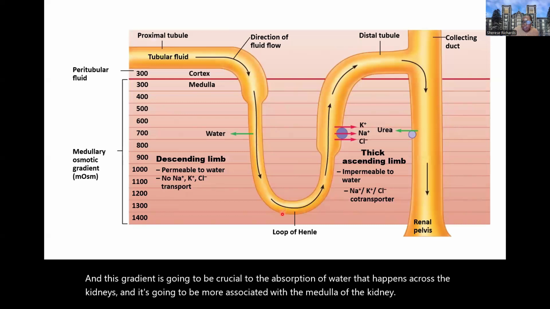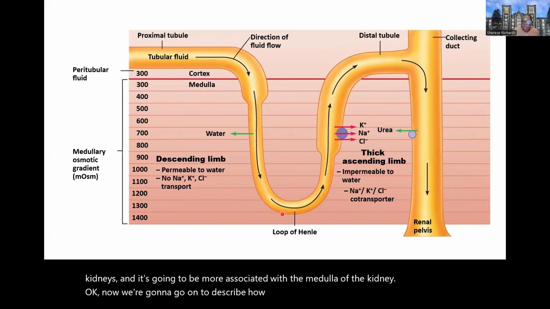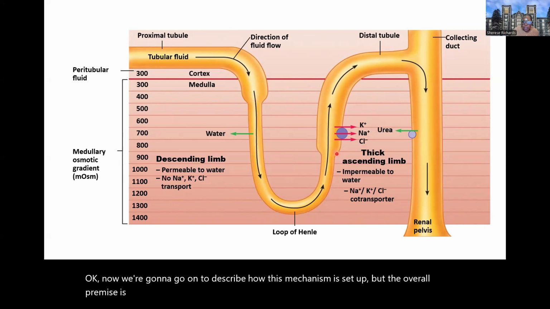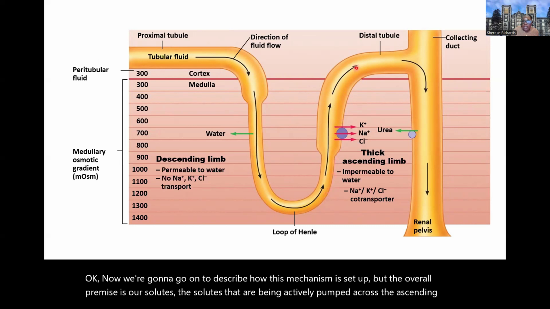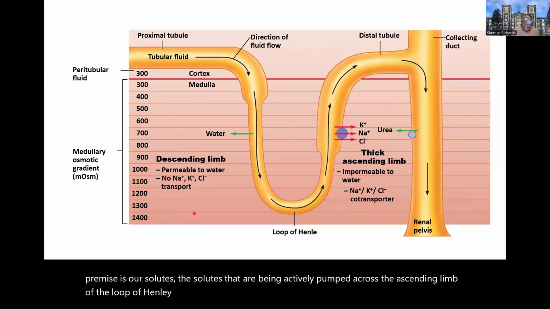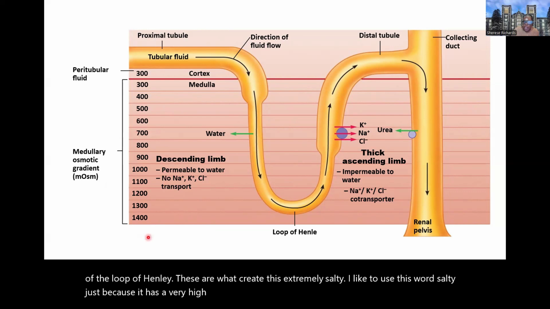Okay, now we're going to describe how this mechanism is set up, but the overall premise is the solutes that are being actively pumped across the ascending limb of the loop of Henle. These are what create this extremely salty environment. I like to use the word salty just because it has a very high osmolarity, almost zero water and majority solutes.